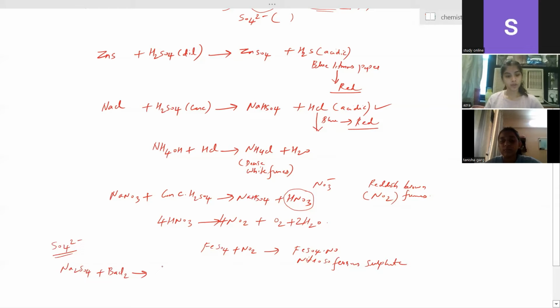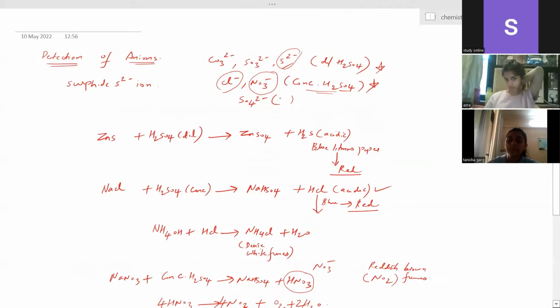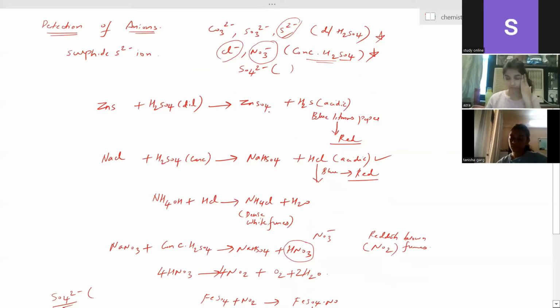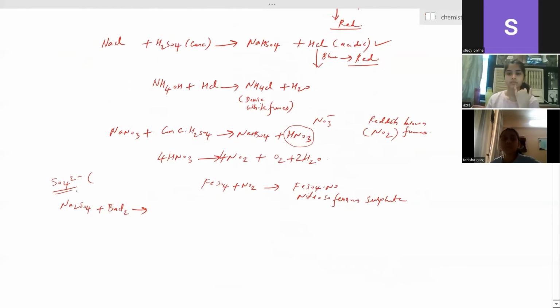For detection in this case, we can't use dilute H2SO4 and conc H2SO4 because no proper output will be released. That's why I'm using Na2SO4. We can't use H2SO4 in this case.